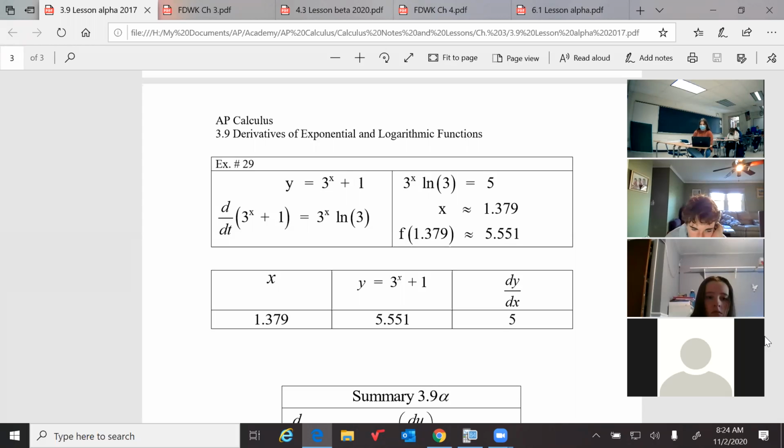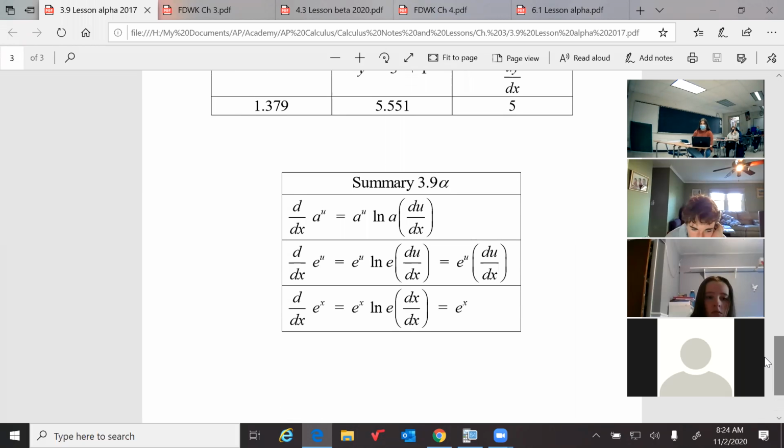So this is the summary of what you did. The derivative of e to the x is itself, and that is a subset of this. This is a subset of that. Well, I've got to learn this whole table. No, you don't. If you know this top line, then everything else is a subset of that.